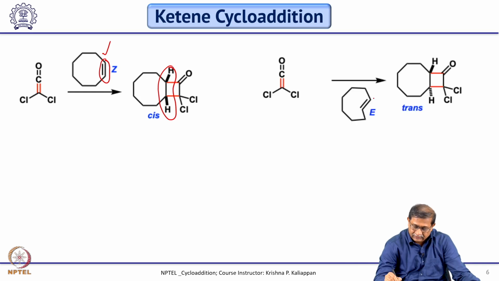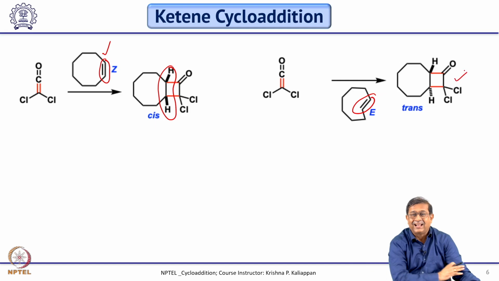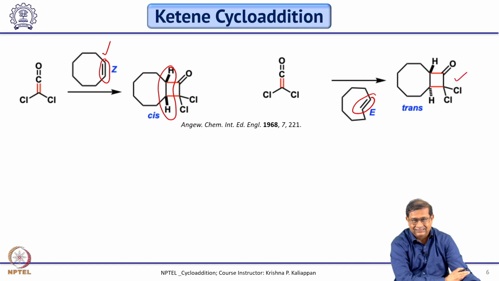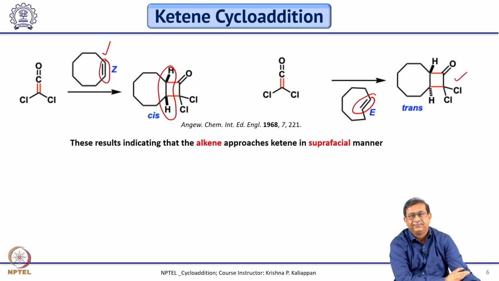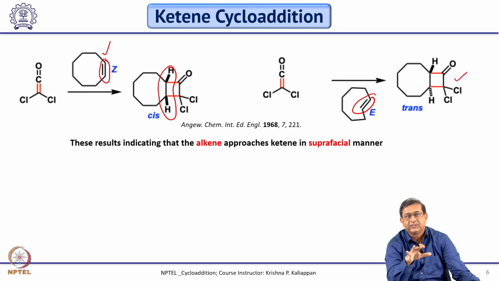Likewise, when they took the E isomer, what they got was the trans bicyclic ring junction. So what does it infer? This confirms that the alkene approaches the ketene in a suprafacial manner. When it is a Z alkene, you get a cis ring junction; when it is an E alkene, you get a trans ring junction.